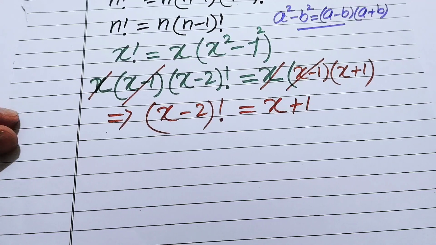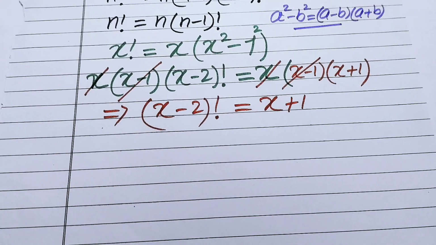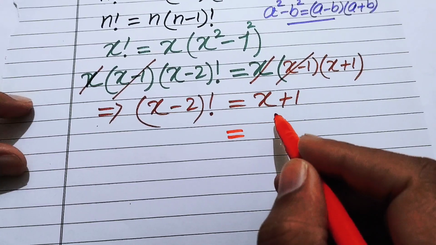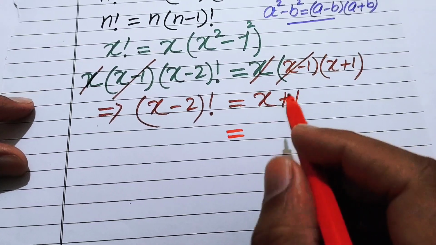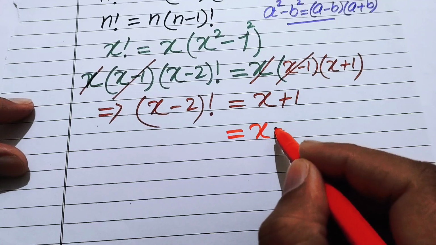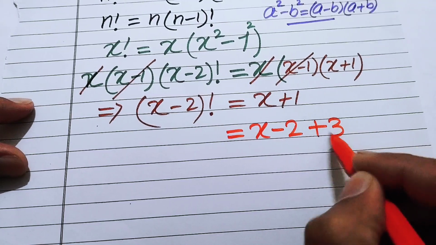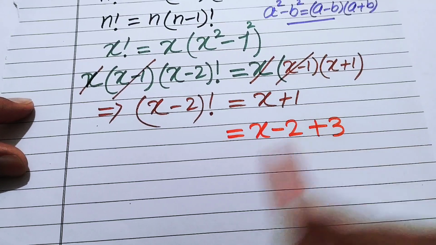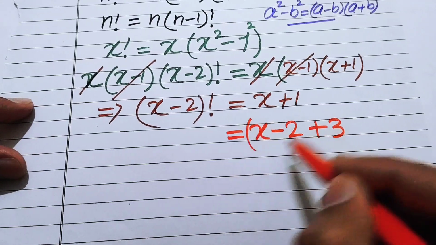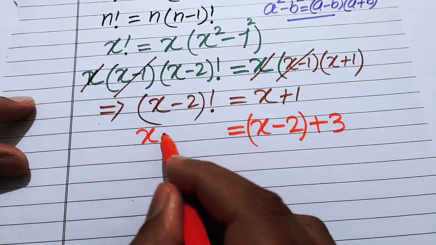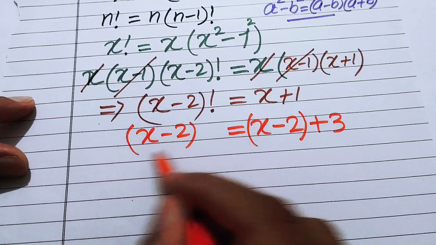We will make a little bit of simplification here, and we write our right hand side x plus 1 as x minus 2 plus 3. We break this one and write minus 2 plus 3, and so on the left hand side you have x minus 2 factorial.